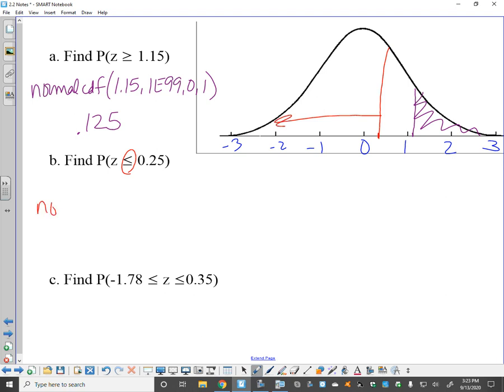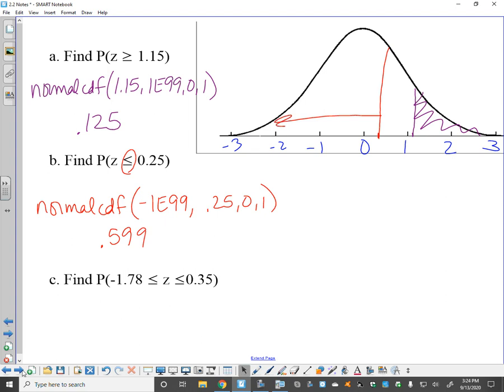So for this one, I'm going to normal CDF from negative infinity to a 0.25 with a 0 and a 1, and I got 0.599, which would be 59.9%, which is bigger than 50%.